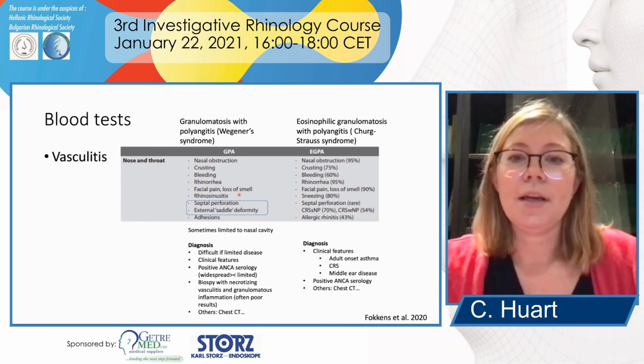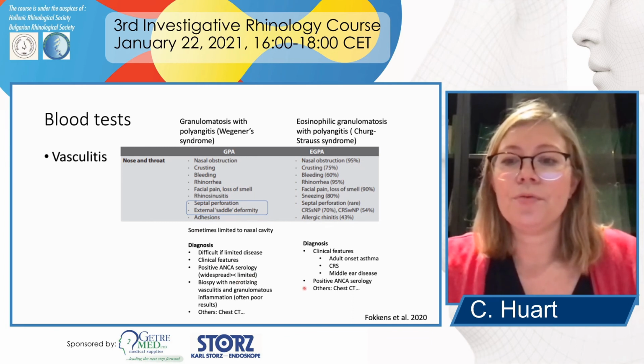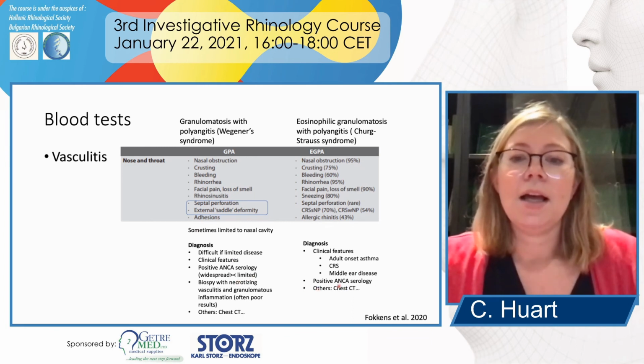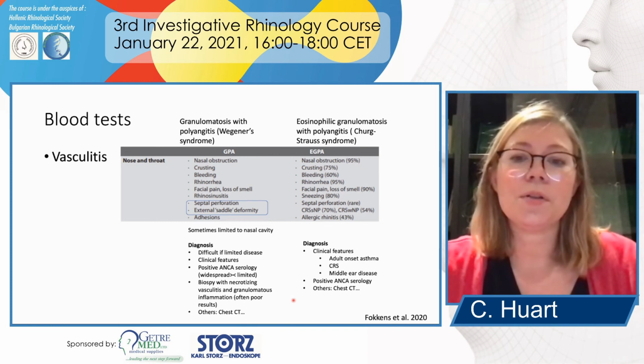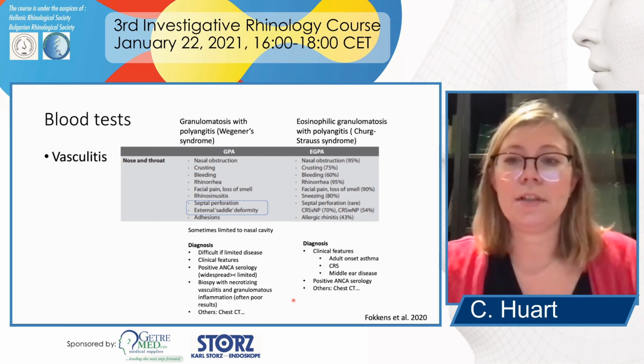In the GPA, patients have septal perforation and sometimes saddle nose deformity. But diagnosis is sometimes difficult. And to help in diagnosis, ANCA serology can be useful for both diseases. Importantly, biopsy can also be useful, but the results of biopsy are often poor because the material is not representative enough.